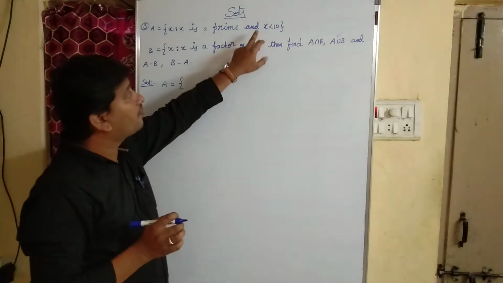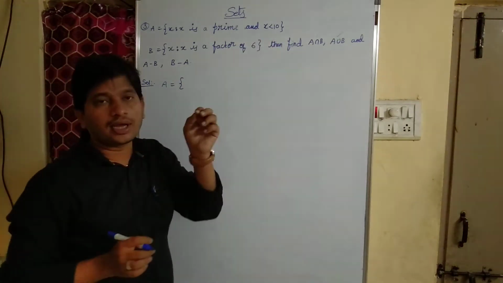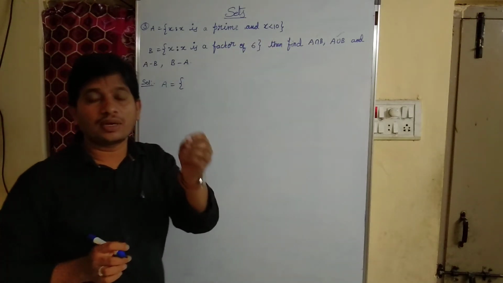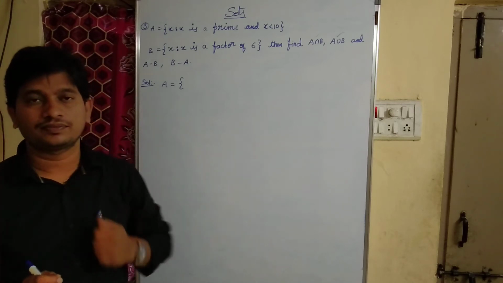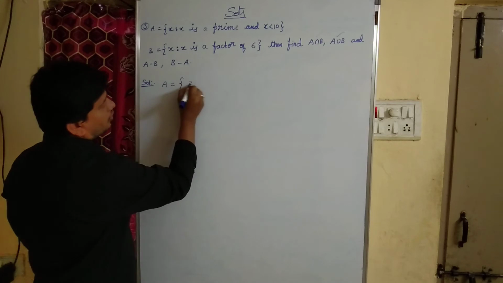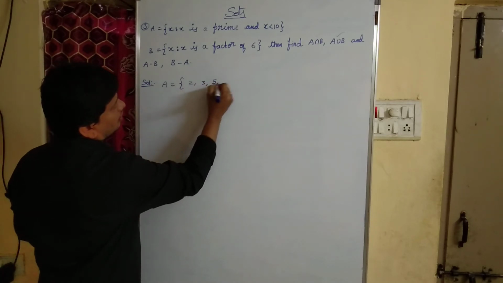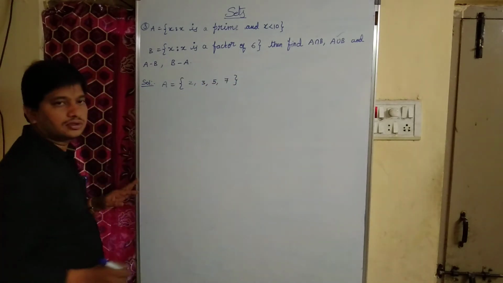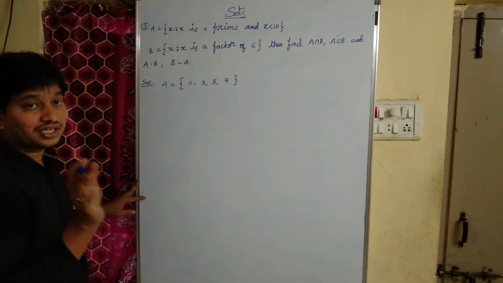What is the meaning of x less than 10? Indirectly they are asking for the prime numbers which are less than 10. Primes which are less than 10 are 2, 3, 5, 7. So that's all. They are the elements of set A.